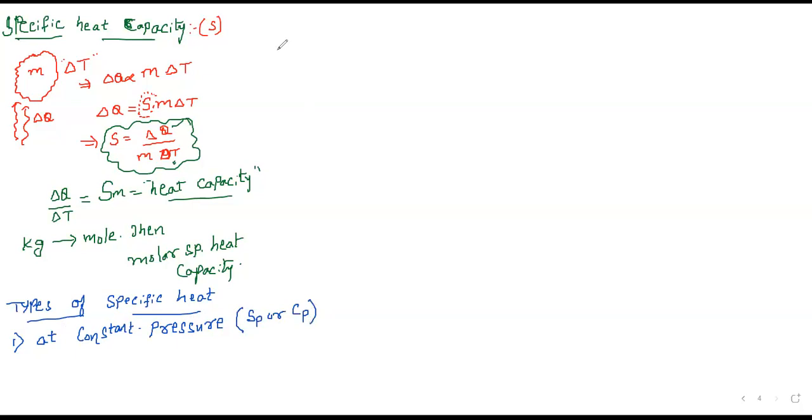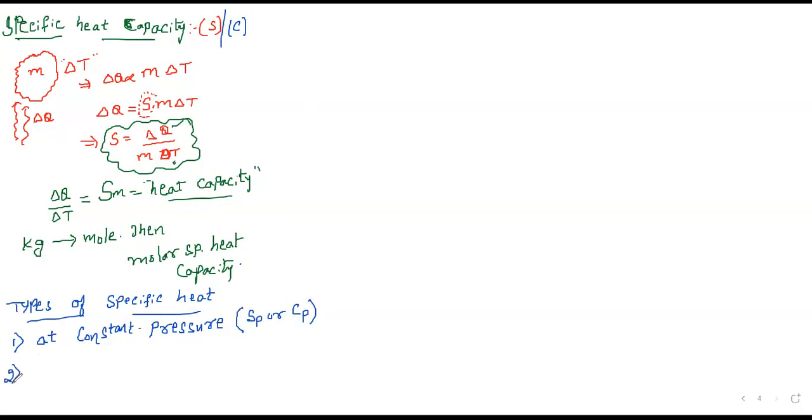So this S can also be represented with C. If the heat energy is supplied at constant pressure, it is called the specific heat at constant pressure, denoted by Cp.